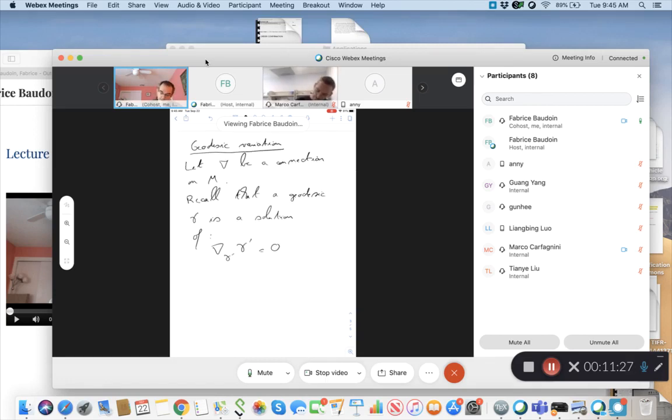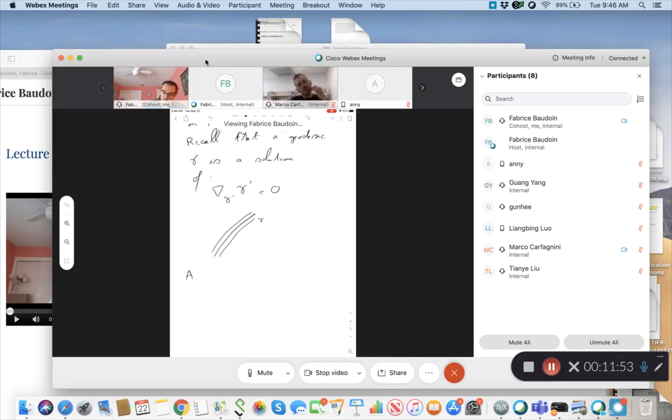So in that case, we have what we call the notion of geodesic variation. This is going to be a tube or a fan around gamma, so that any of the curves is going to be a geodesic itself.